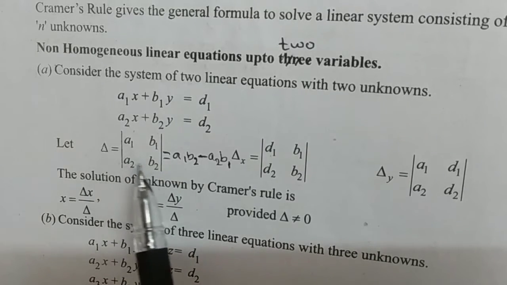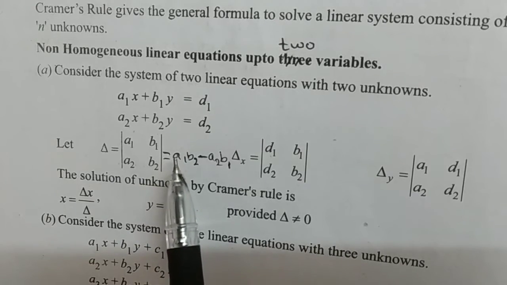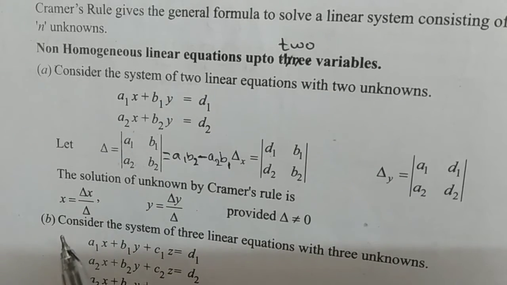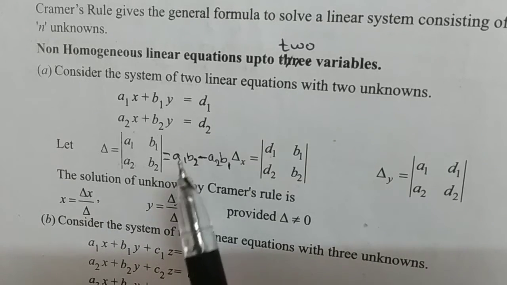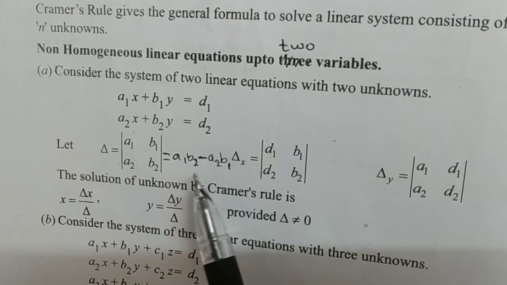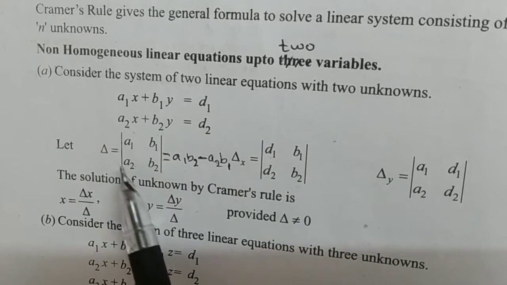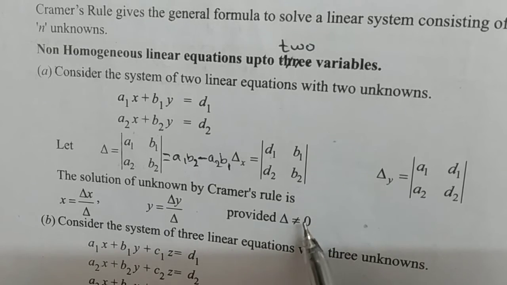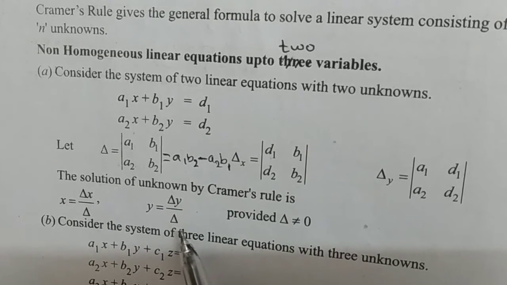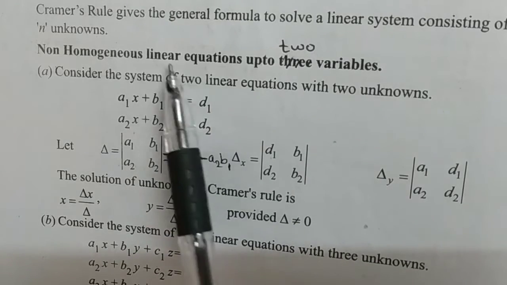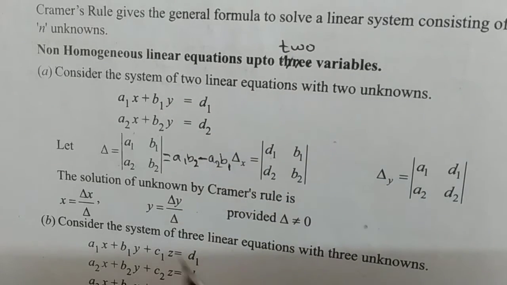Only if delta is not equal to 0 is Cramer's rule applicable. Delta not equal to 0 means we get some value like 2, 3, 5, minus 7, minus 8. This is the procedure to solve non-homogeneous linear equations up to 2 variables.